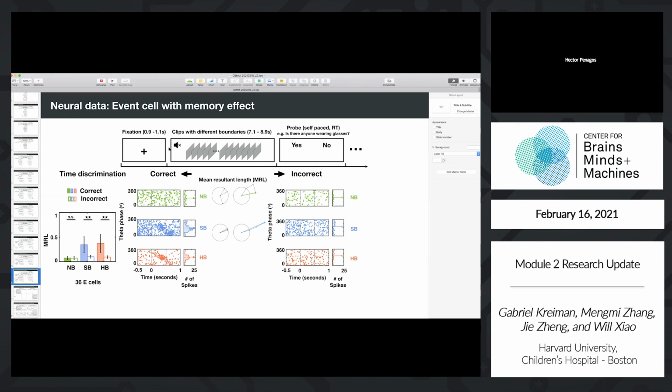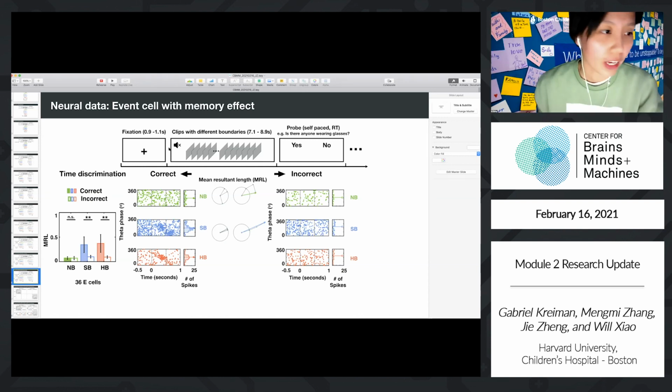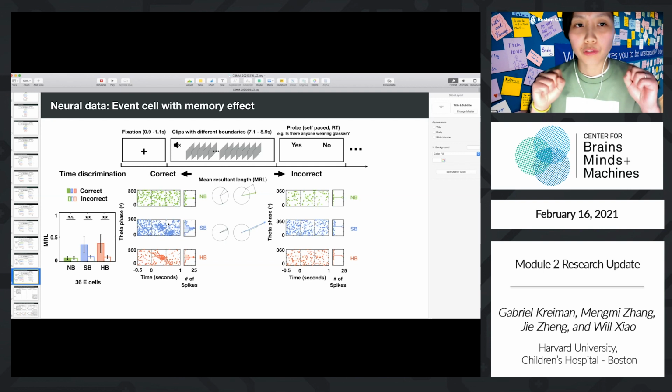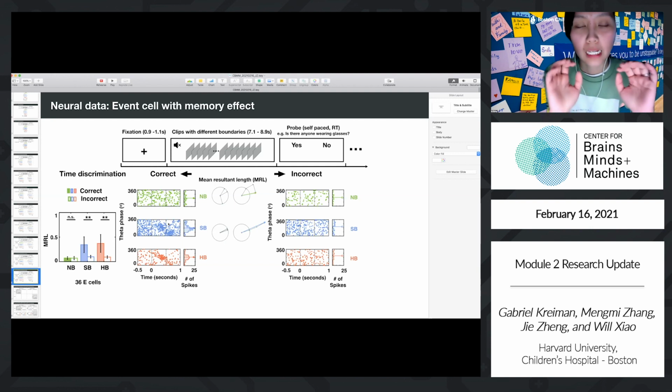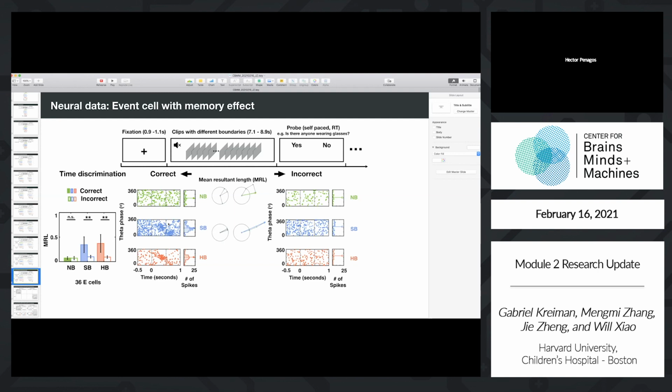Right. But what is the memory task that they're asked to do in this case? Oh, okay. So in this task, we were pulling out two frames that cross either no boundary, soft boundary, or hard boundary, presented side by side to the subject, and asking them to decide whether the left or the right frame happens earlier in the original clip they have seen. But presumably the time varies, right?